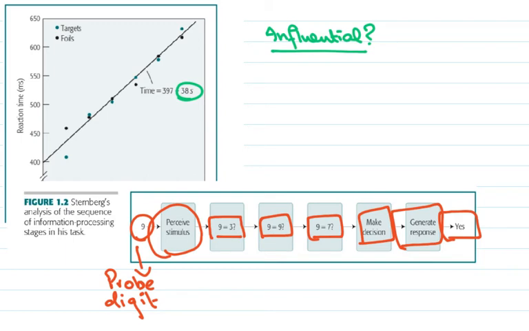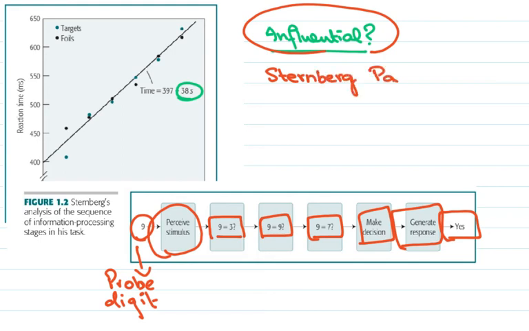So this is another reason that this experiment, or what is termed the Sternberg paradigm, is so influential. Let me show you a host of other reasons which are also very, very important.